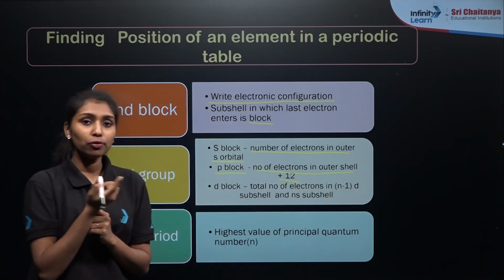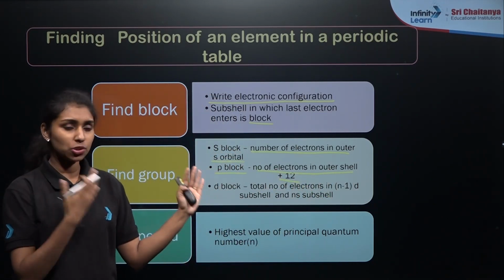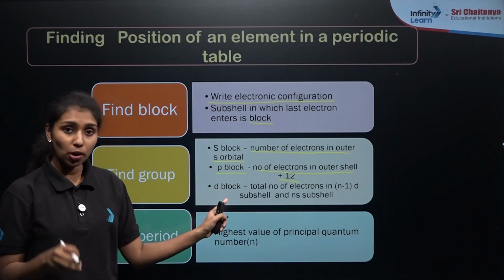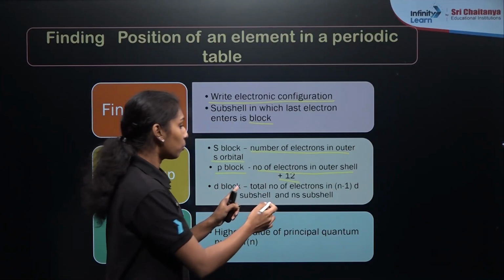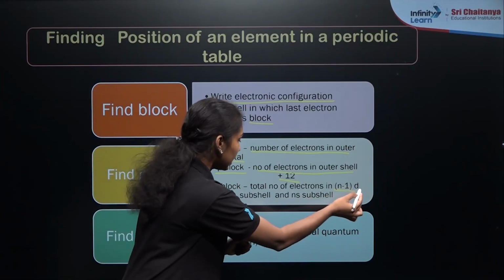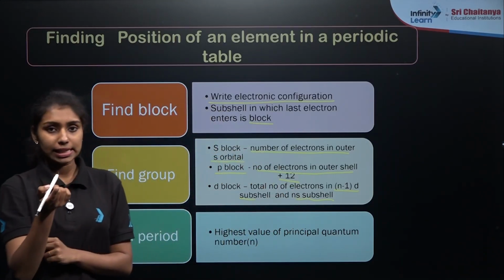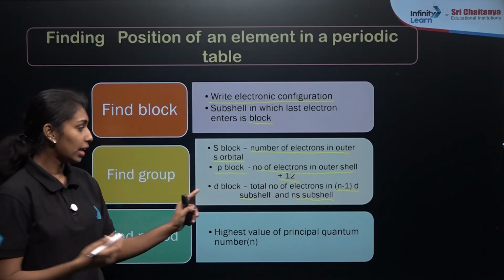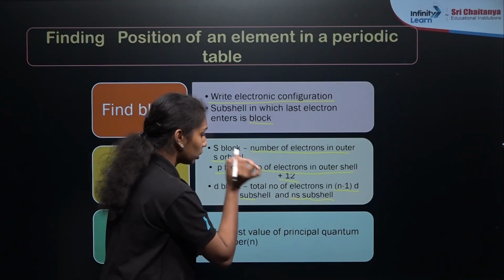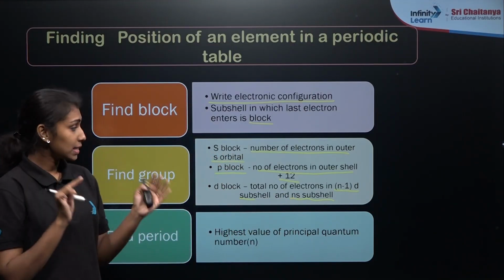Then you will get the group number, which will be group 13 to group 18. Then for d block elements, it is the total number of electrons in the n-1 d subshell and the ns subshell. We will discuss this in detail with examples. So this is about the group prediction of an element.